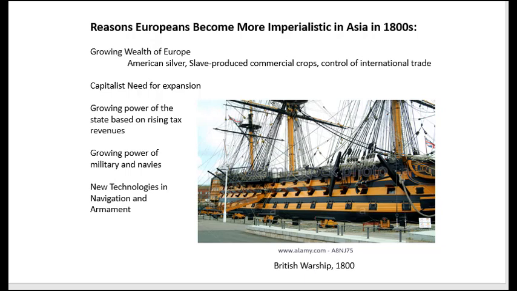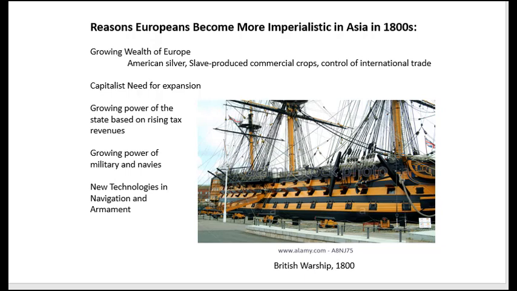What allows for this European expansion are several things. The first, of course, is the growing wealth of Europe, as bolstered by the influx of silver from the Americas, increased trade, slave and non-slave grown agricultural crops, and control over an increasing amount of the world's trade, including that of the Indian Ocean Basin. And alongside this wealth comes the growing impetus of capitalism. A need for profits leads to expansion to other areas of the world.